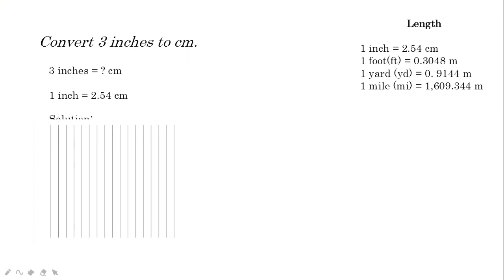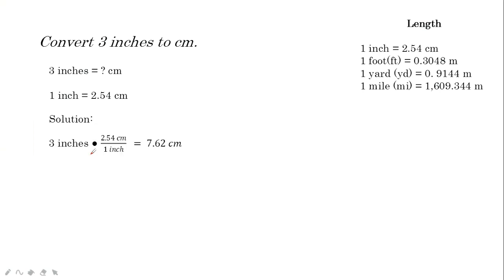So, ito yung solution niya. So, ang 3 inches multiplied by, yan. So, inch sa baba, centimeter sa taas. Ang 1 inch is equivalent to 2.54 centimeter. So, cancel na nun yung inch. So, 3 multiplied by 2.54 is equal to 7.62 centimeter.